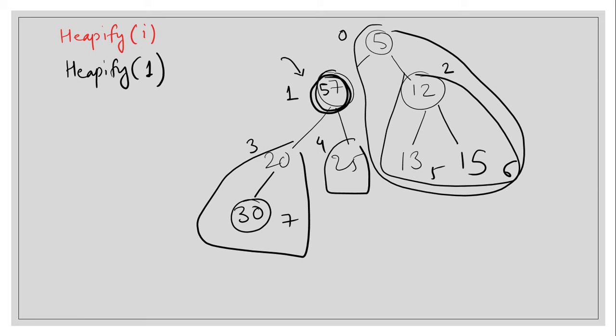What this EP5 operation does is assume that the heap property is violated only at this index. In all the other subtrees, in the other parts of this tree, the heap property is satisfied.